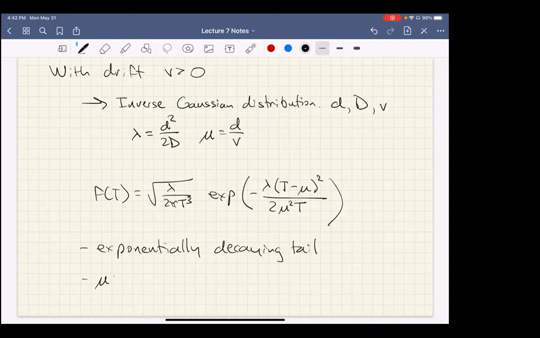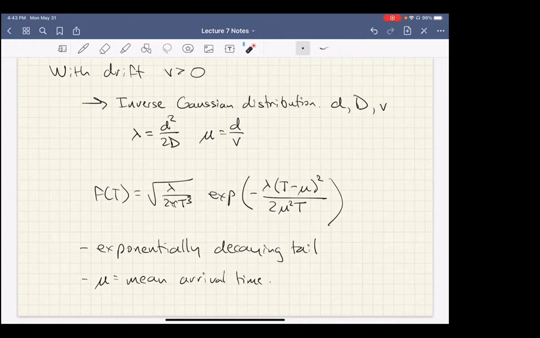In this case, mu is the mean arrival time. And that actually makes sense. If you look here, this is the amount of time it takes to travel distance d at velocity v, and that turns out to be the mean arrival time, which is less than infinity.